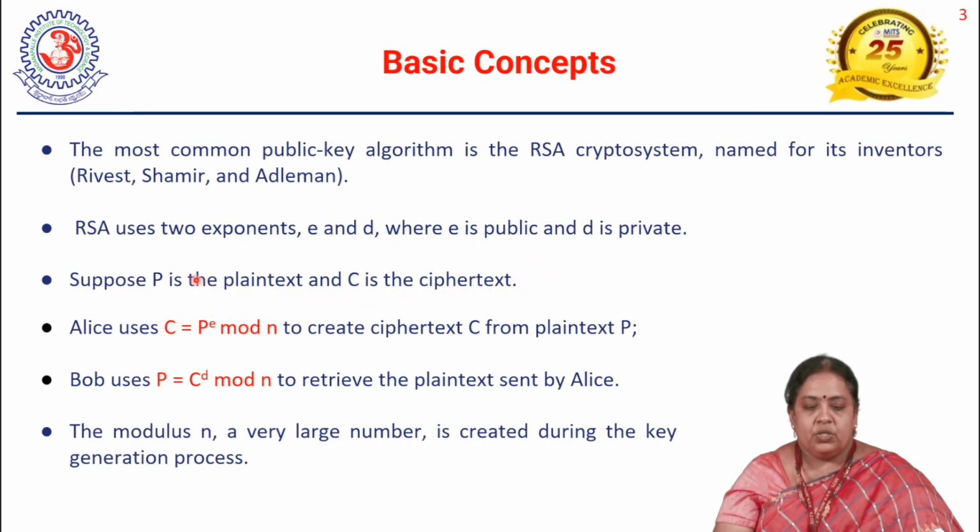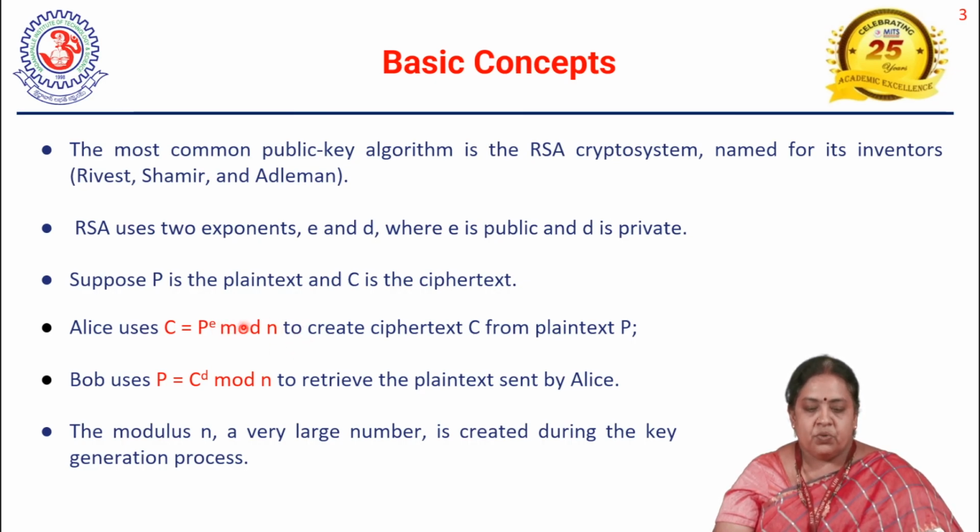Suppose you want to encrypt or decrypt a message. In RSA, suppose P is the plaintext and C is the ciphertext. Alice, who is the sender, gets the ciphertext using the formula C = P^E mod n, where P is the plaintext and E is the public key.